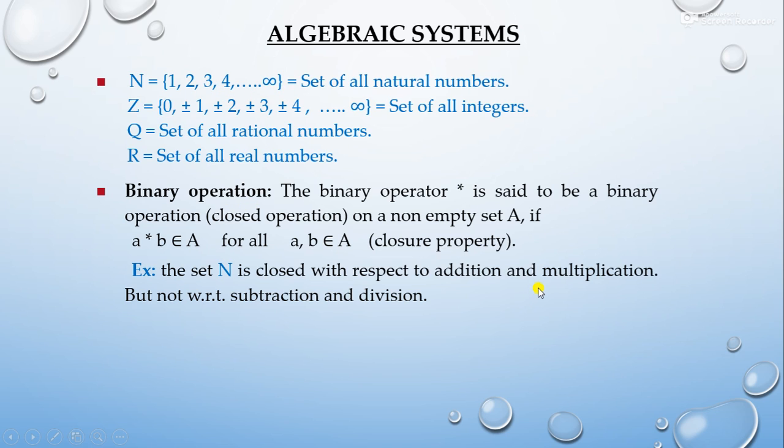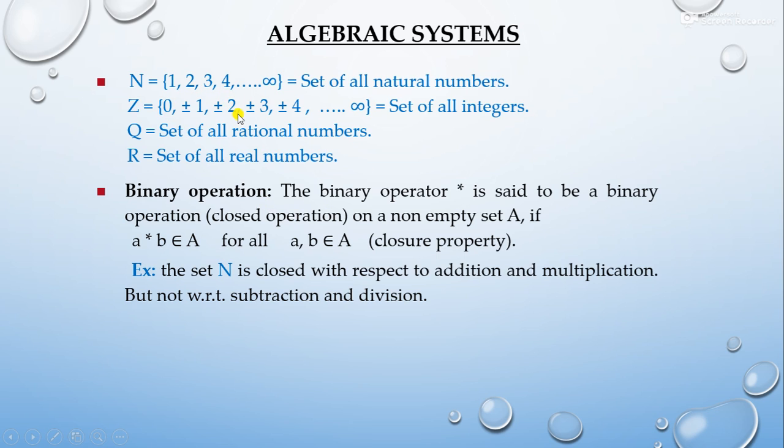And if we multiply any numbers of the natural number set, we again get a natural number: 1 times 2, 2 times 3 is 6, 3 times 4 is 12, like that.